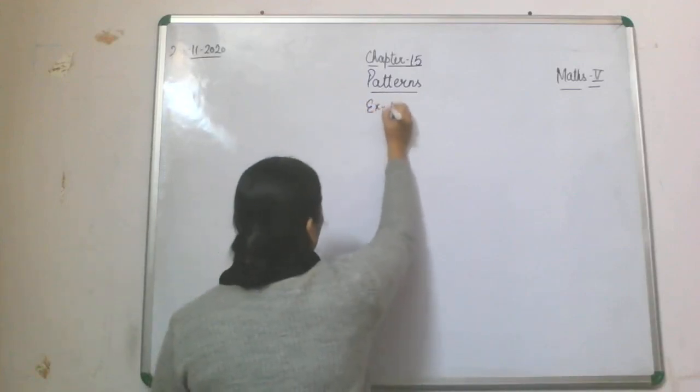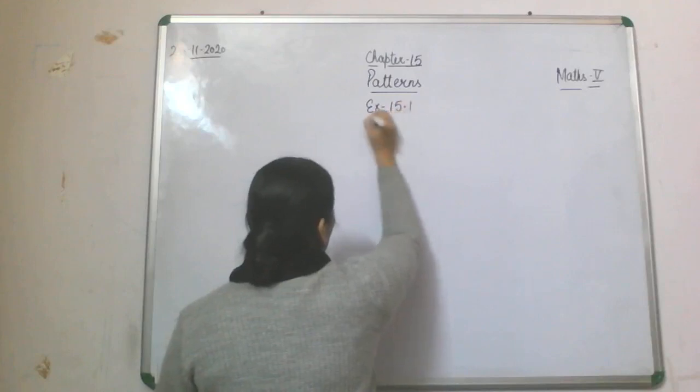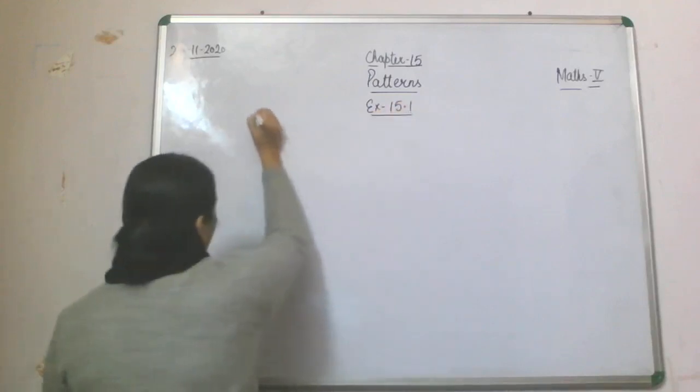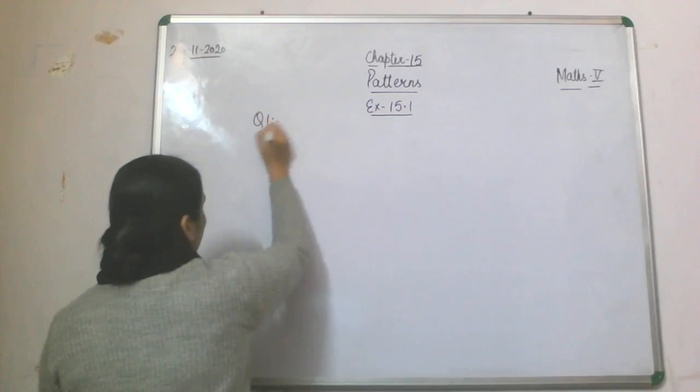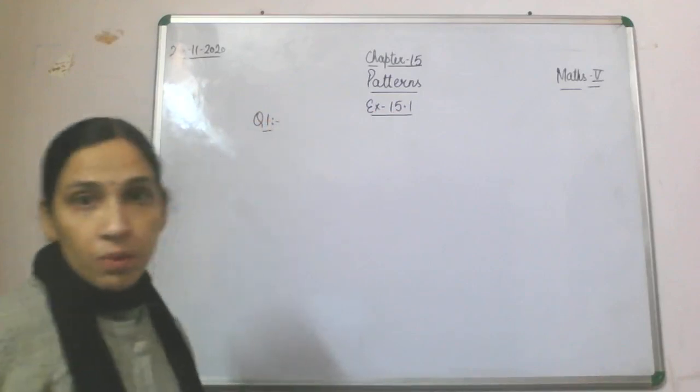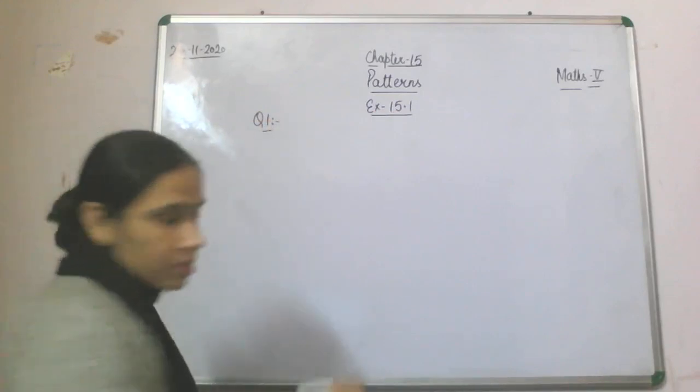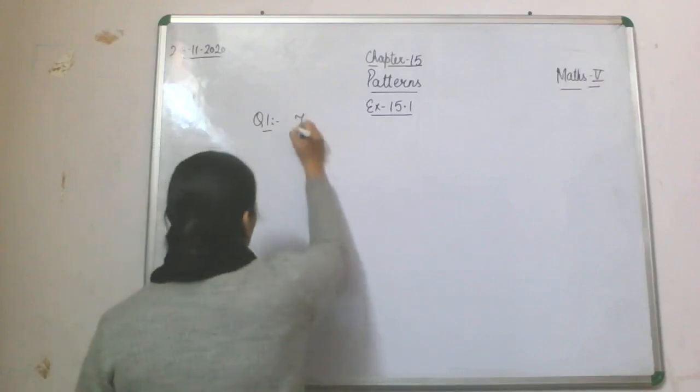Exercise 15.1, question number 1. Question number 1 is find the next square number.